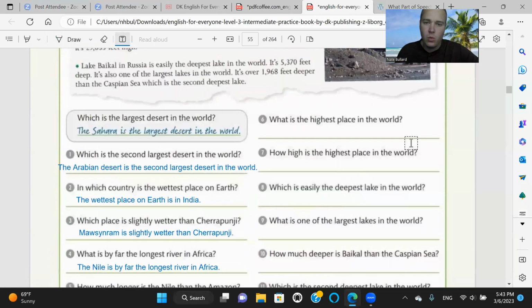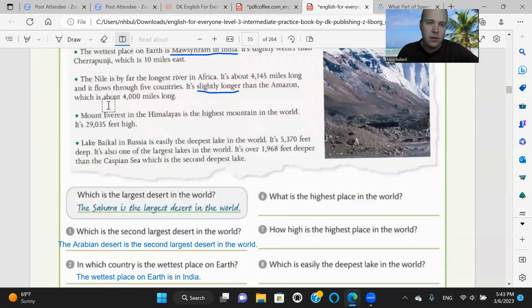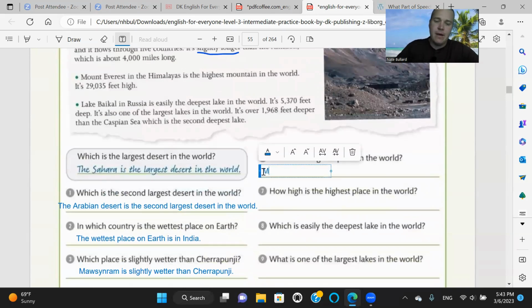All right. What is the highest place in the world? Mount Everest in the Himalayas is the highest mountain in the world.